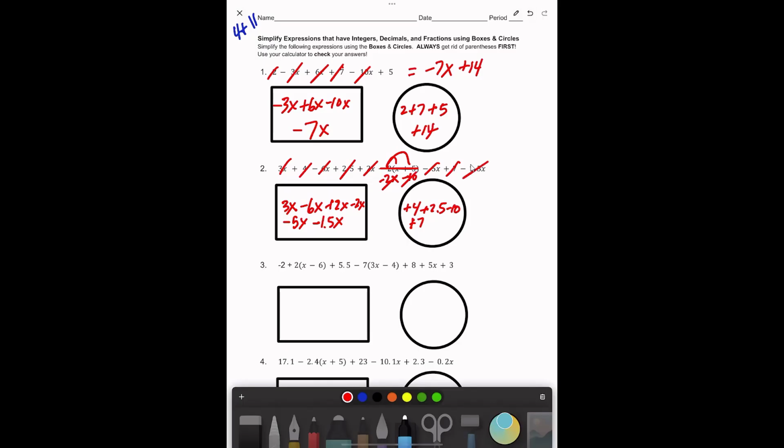Now, all I'm going to do from here is just use my calculator and total everything up. So let me get the calculator and let me show you what I mean.